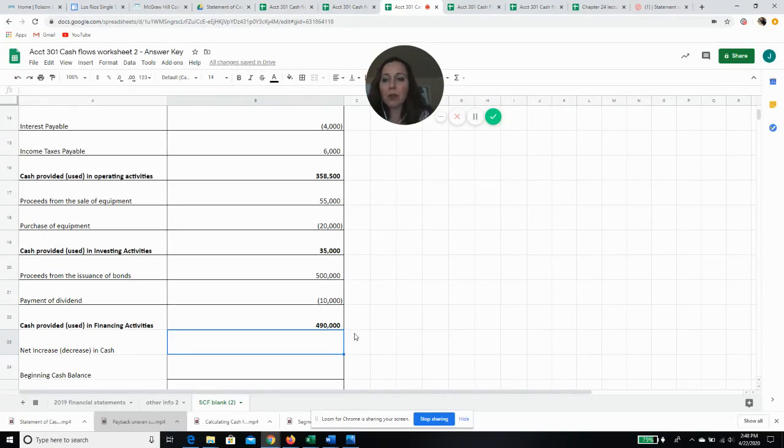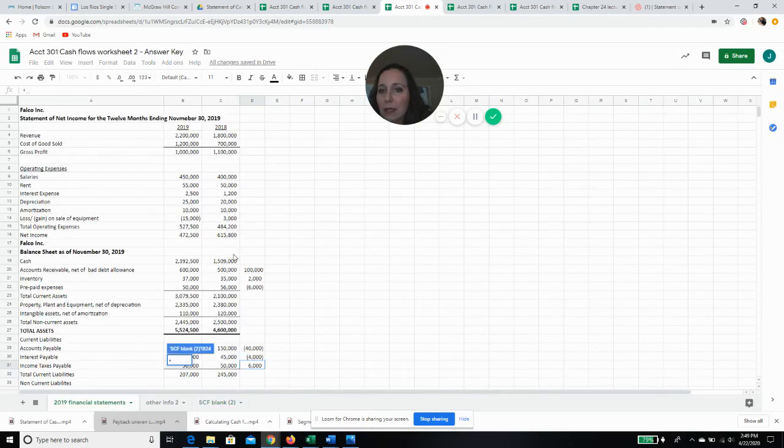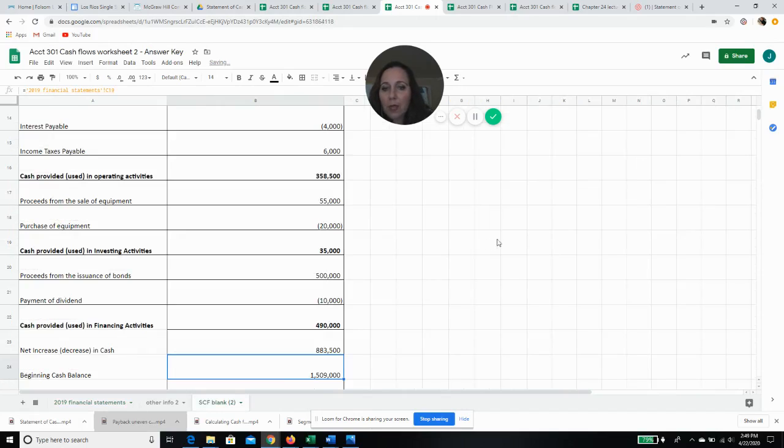So now we're going to add up the total increase or decrease in cash. So we're going to add cash flows from operating activities, add in investing activities, add in financing activities. We had a total increase to cash of $883,500. Now I'm going to do my reconciliation. I'm going to add in last year's cash balance, which was $1,509,000.